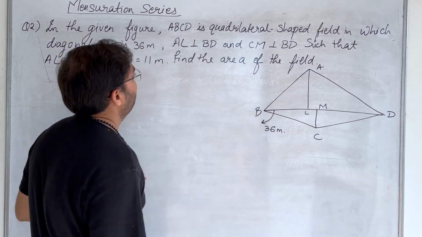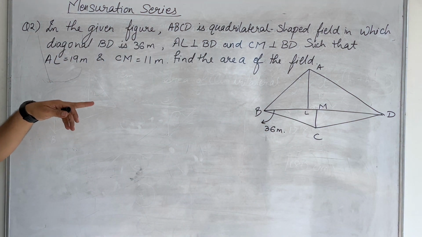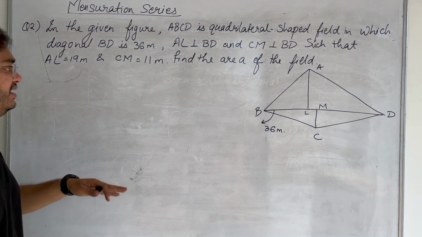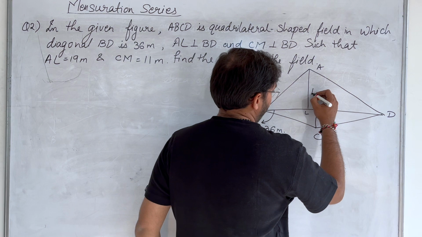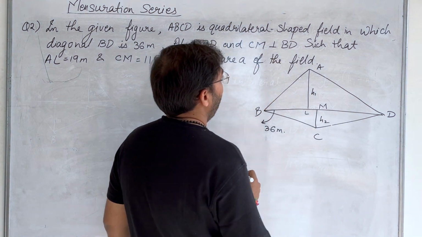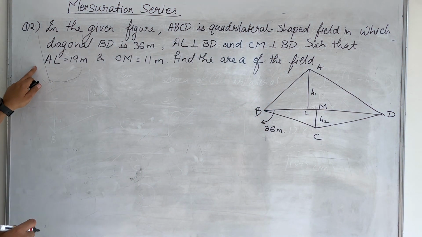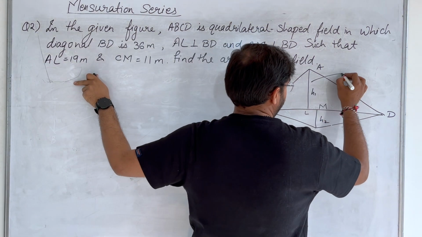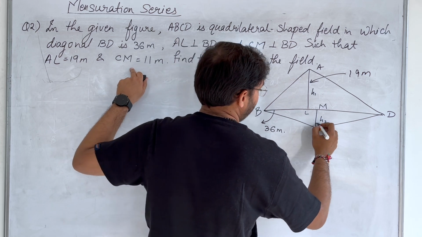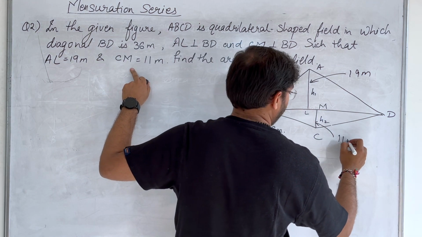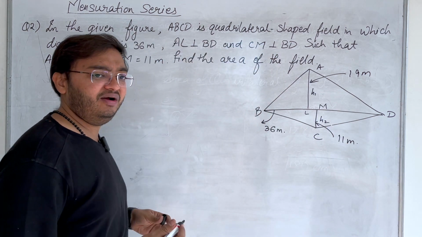AL is perpendicular to BD, that means this is my height 1, and CM is perpendicular to BD, this is my height 2. AL is given as 19 meter, so the measurement of height 1 is 19 meter. Same way CM, the measurement of height 2, is 11 meter, and we have to find the area of the field.